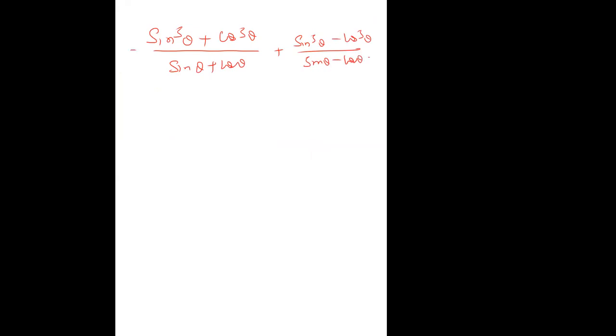Next. Many questions of this type: cos cube theta upon sin theta plus cos theta, plus sin cube theta minus cos cube theta upon sin theta minus cos theta, right?